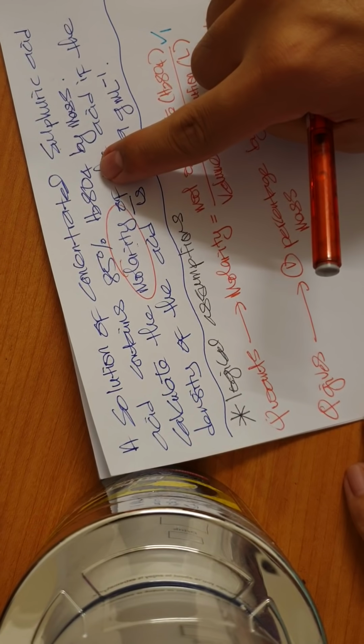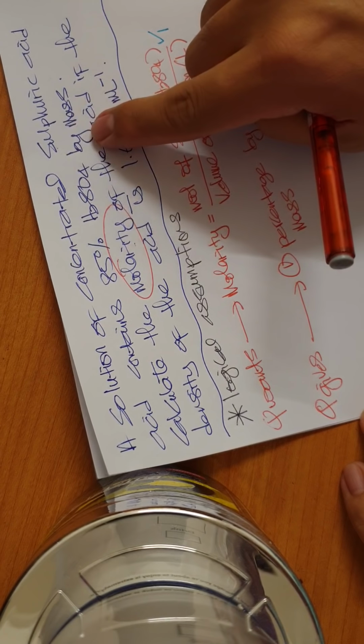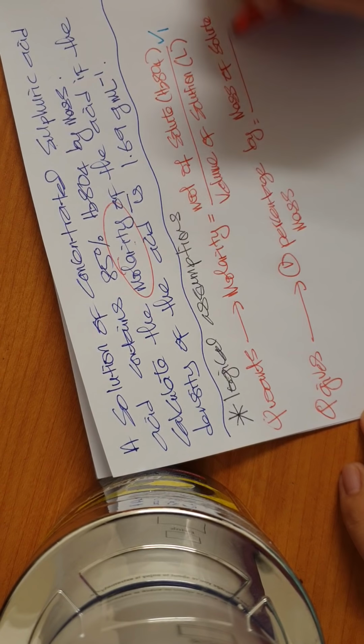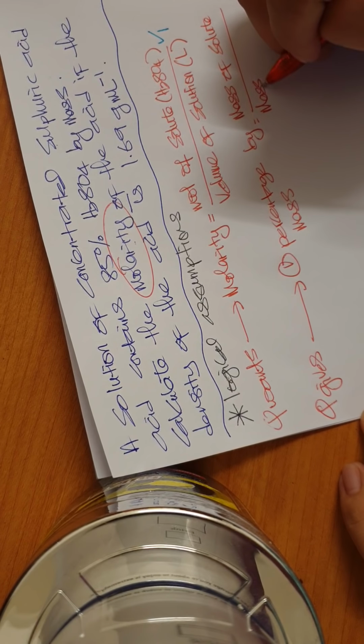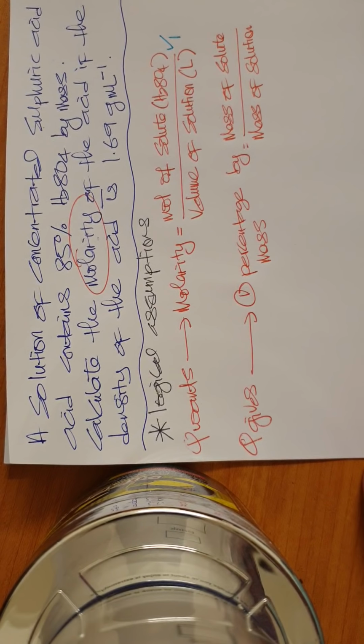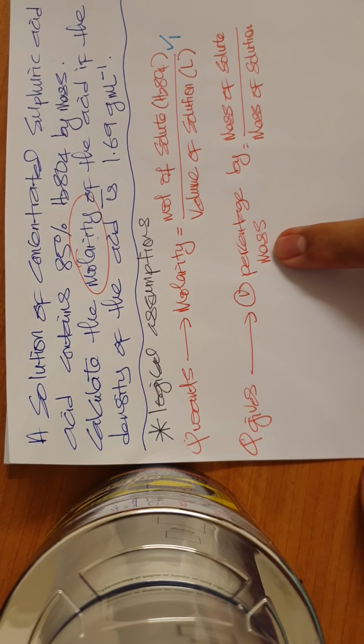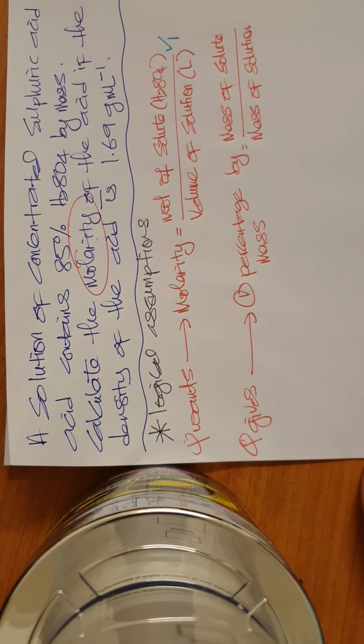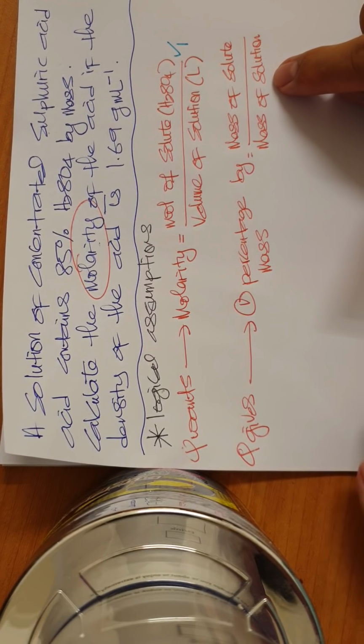Tengoklah, sekarang ini adalah solute kan, H2SO4 by mass over mass of solution. Alright? So, percentage by mass, dia punya definition adalah mass of solute over mass of solution.